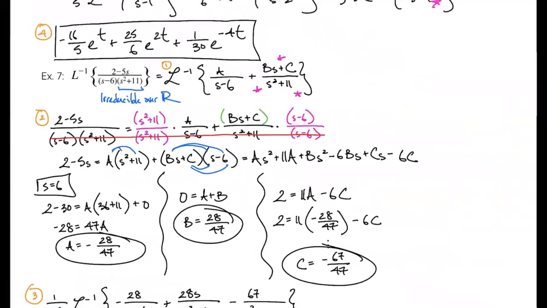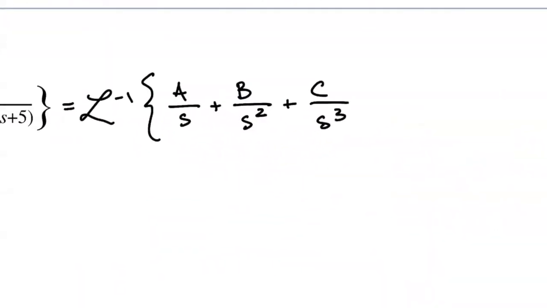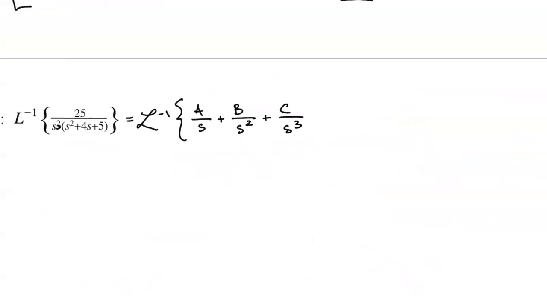However, if it's reducible, like s squared is reducible to s times s, it's still 1 degree less than the simplest form of that denominator. In other words, 1 degree less than linear. So that's why that setup piece is so important.